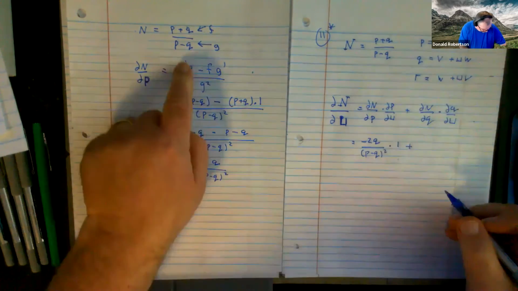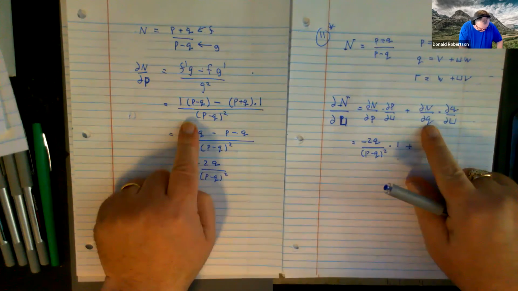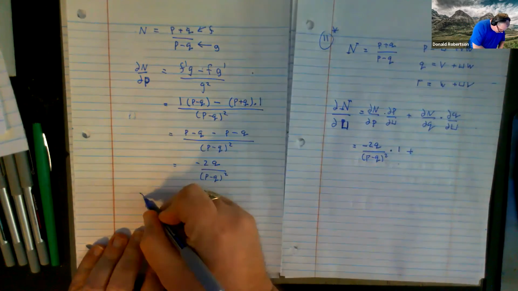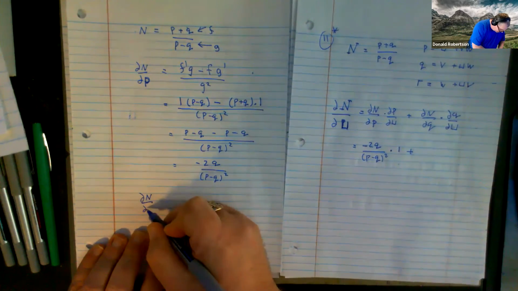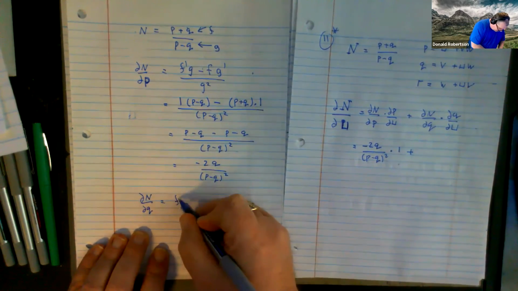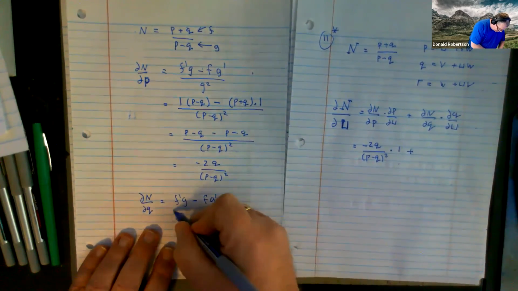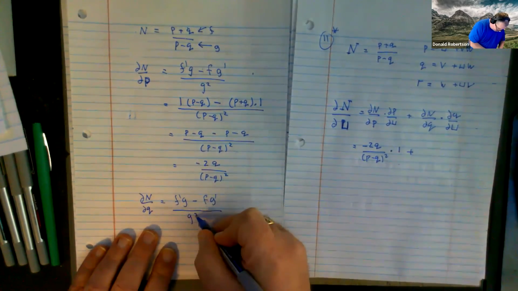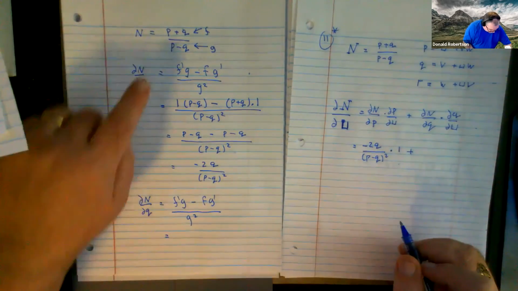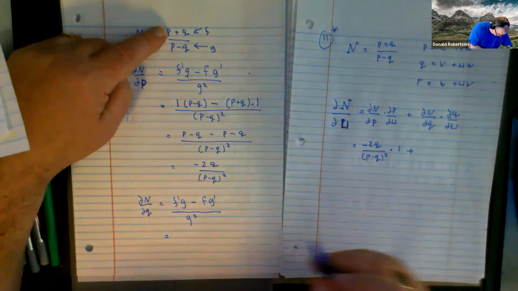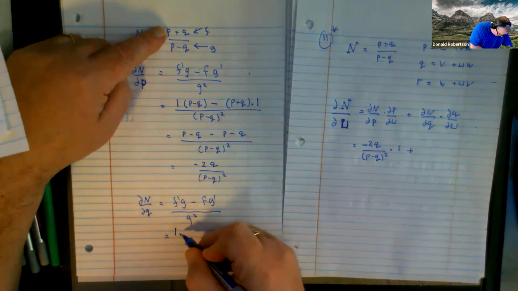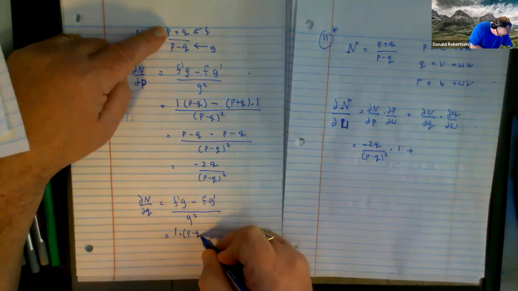Now, if you go through this same process, but you do a partial derivative with respect to q, it's going to look something like this. F dashed g take away f of g dashed over g squared. With respect to q, then, the top derivative is 1. You leave the bottom alone.